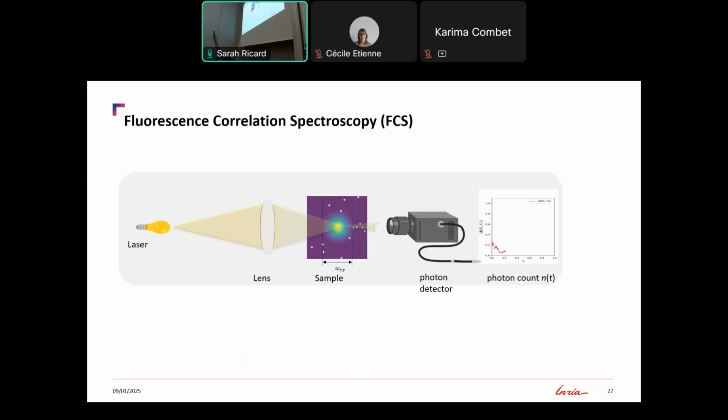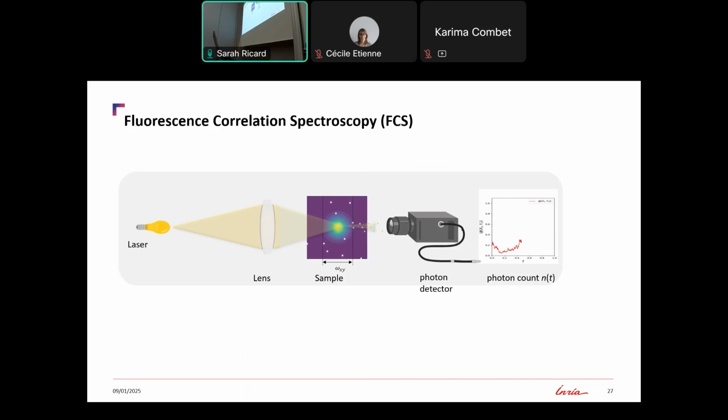And you just put the light on the sample, right? You light it. And so, of course, when some of your molecules go inside the illuminated volume, if they are fluorescent, if you tag them with a fluorescent tag, they will emit photons, right? That's the principle of fluorescence. And what you do, you just record the number of photons that is collected by your photon detector, right?